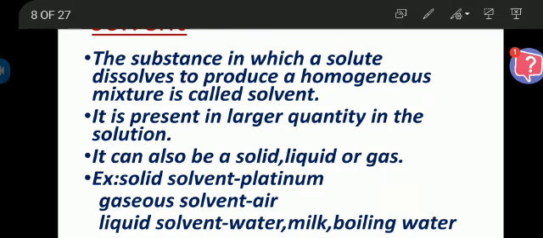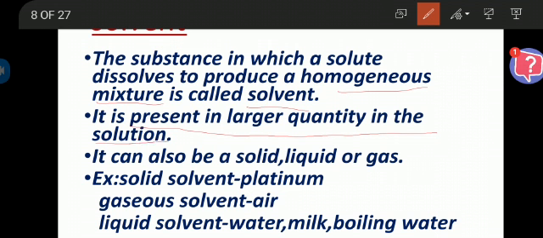Now is the turn of solvent. What is a solvent? The substance in which a solute dissolves to produce a homogeneous mixture is called solvent. I have already told that a solute is present in the smallest amount in the solution and a solvent is present in the larger quantity.